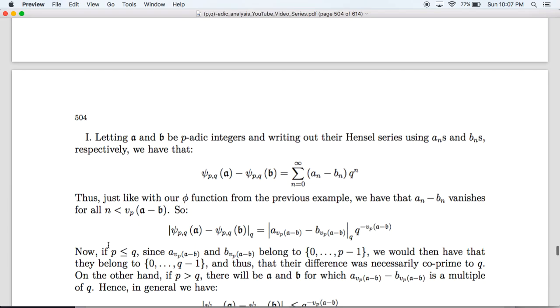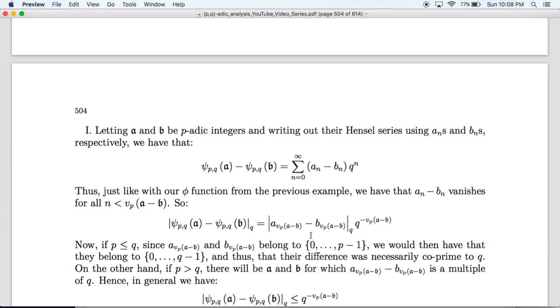Note that if p is less than or equal to q, then because these two numbers are both between 0 and p minus 1, their difference will necessarily be co-prime to q. So in this case that would make this equal to 1 over here. On the other hand, if p is greater than q, there will exist a and b for which this difference is a multiple of q.